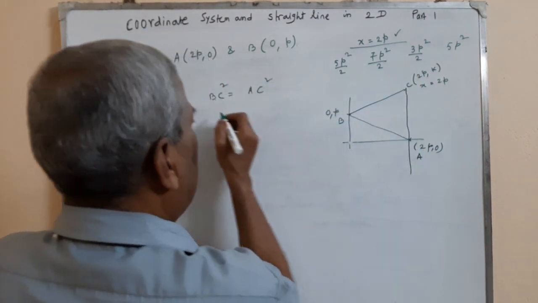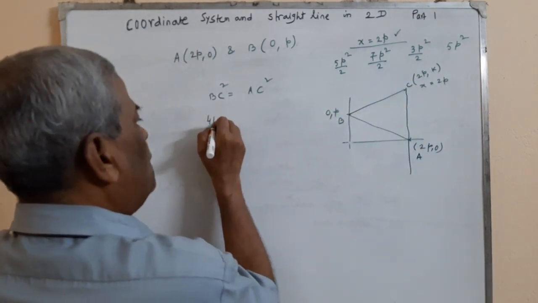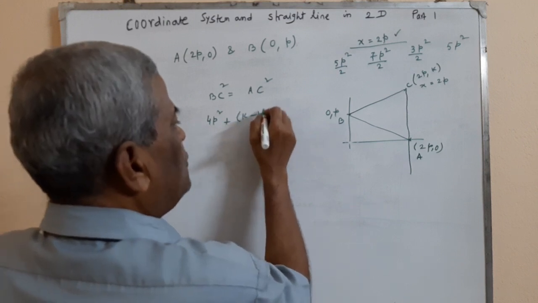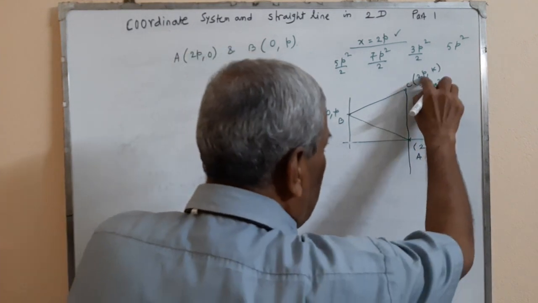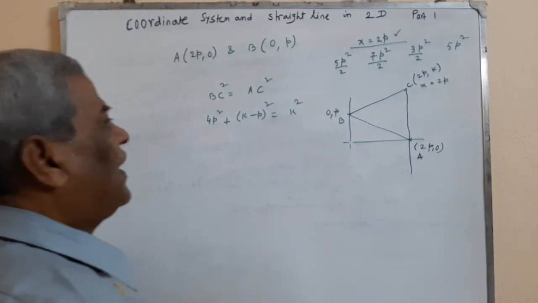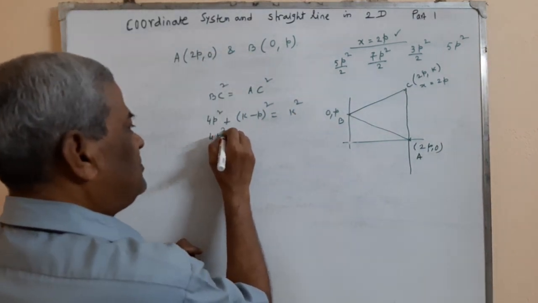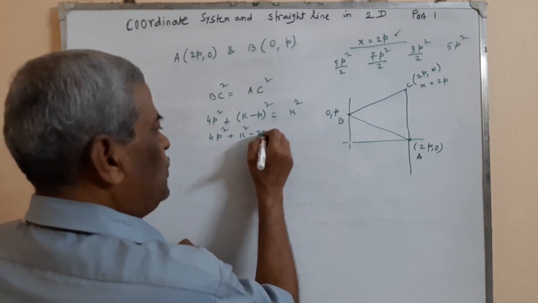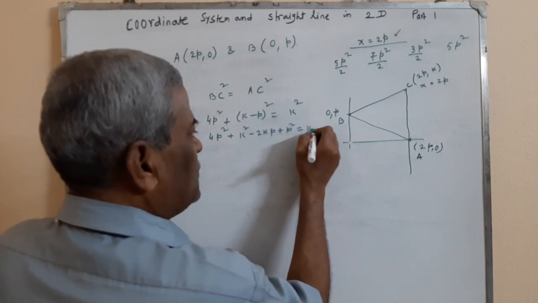BC square is equal to (2p minus 0) whole square, that is 4p square, plus (k minus p) whole square, is equal to AC square. 2p minus 2p, 0, it is simply k square. So 4p square plus k square minus 2kp plus p square is equal to k square.